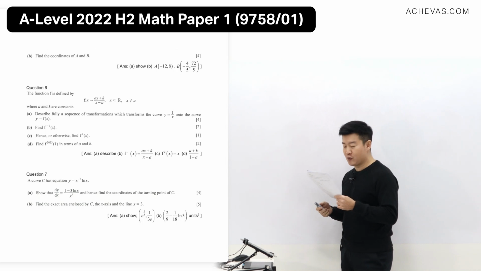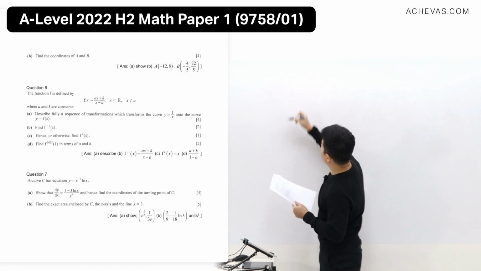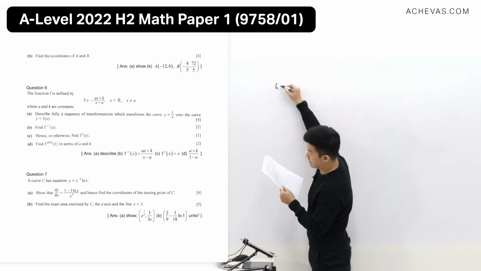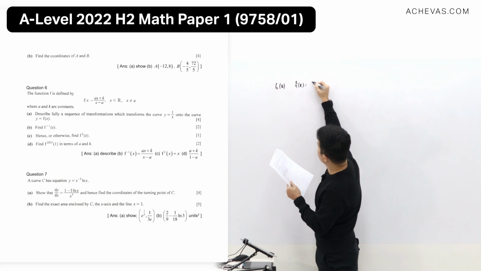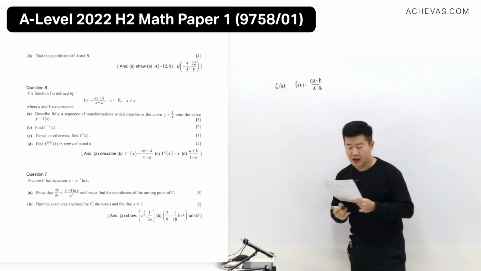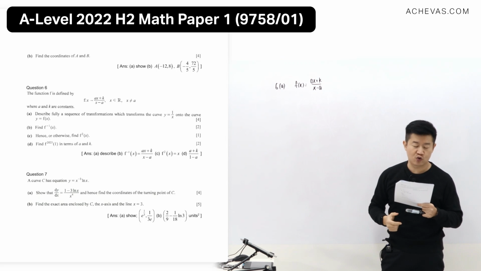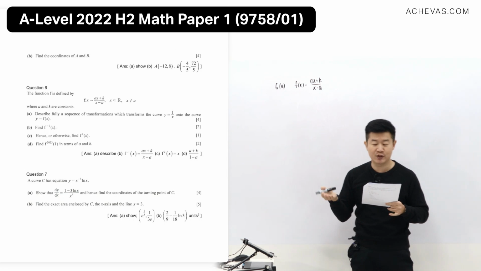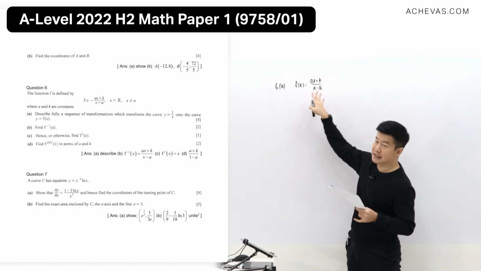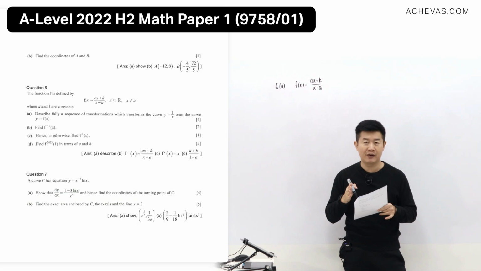So we are starting off with a function that is given to us in question number 6a over here as f(x) equal to (ax plus k) over (x minus a). And the question requires us to describe fully a sequence of transformations, which is going to be transforming the curve from y is equal to 1 over f(x) to this.